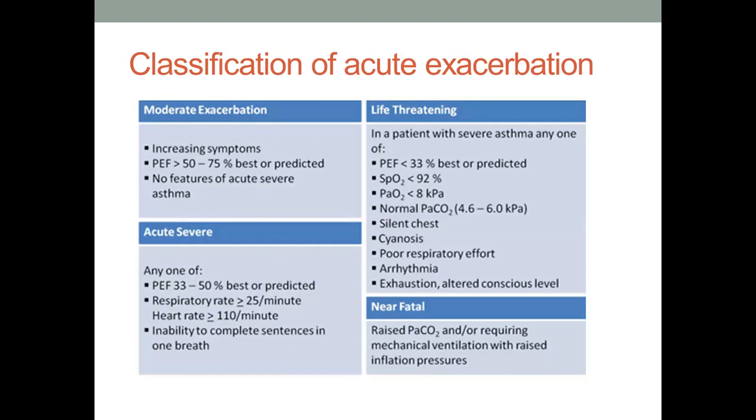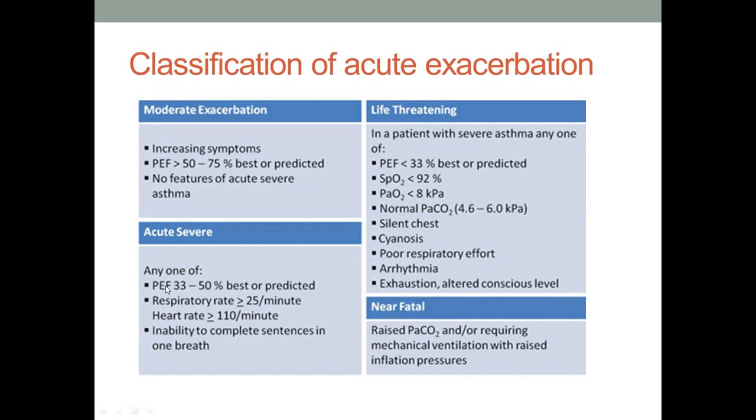which is moderate exacerbation. In moderate, there will be increasing symptoms. The peak expiratory flow rate will be between 50 and 75% of predicted, and there will not be any feature of acute severe asthma. While in acute severe asthma exacerbation, with any one of these present, this is acute severe.